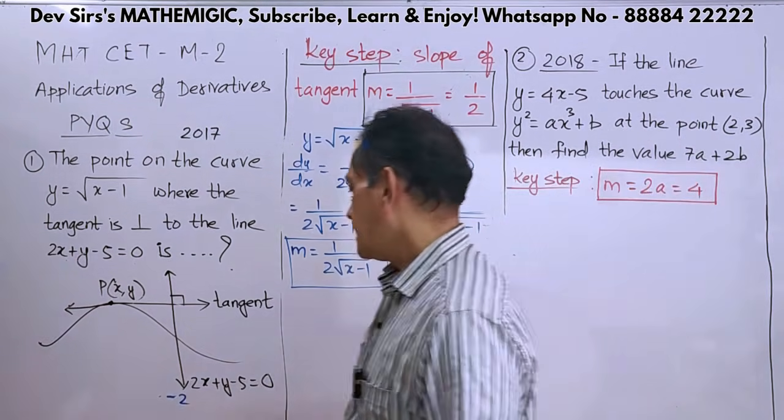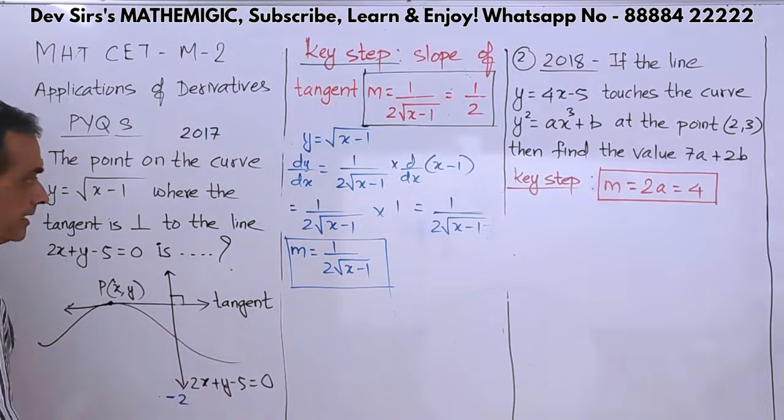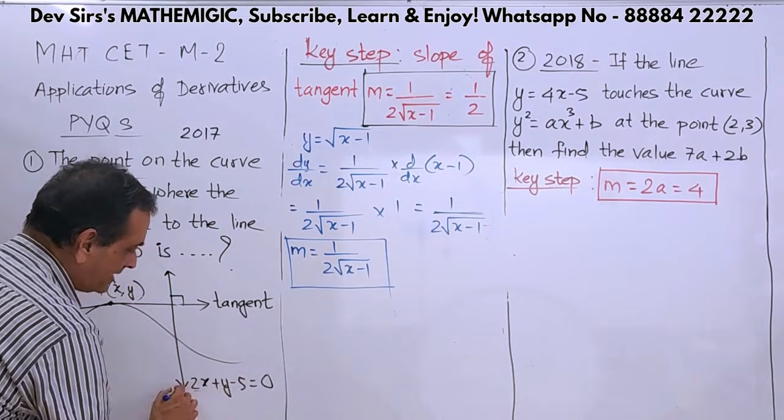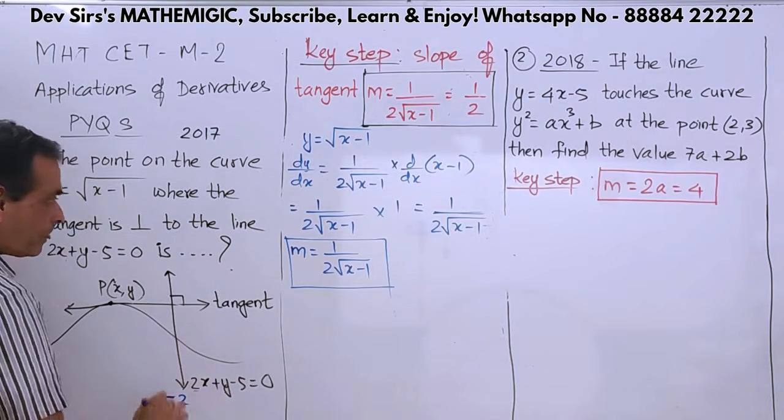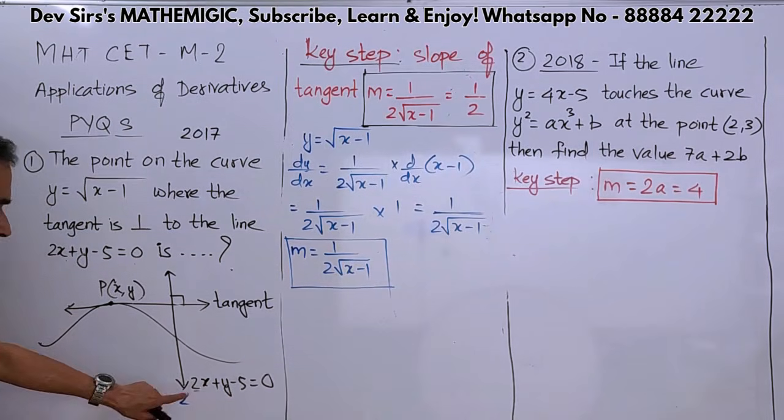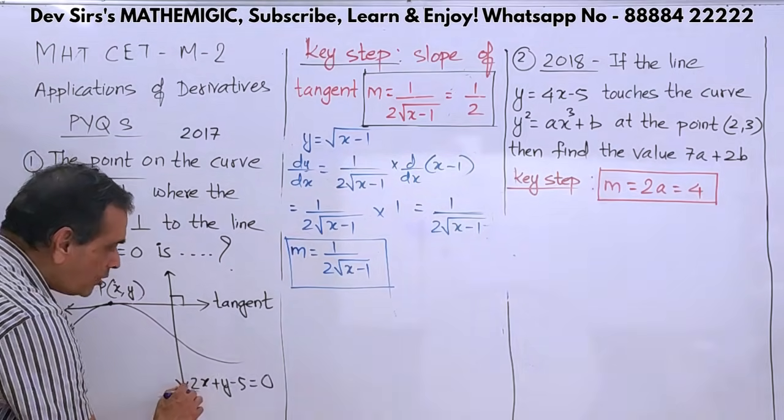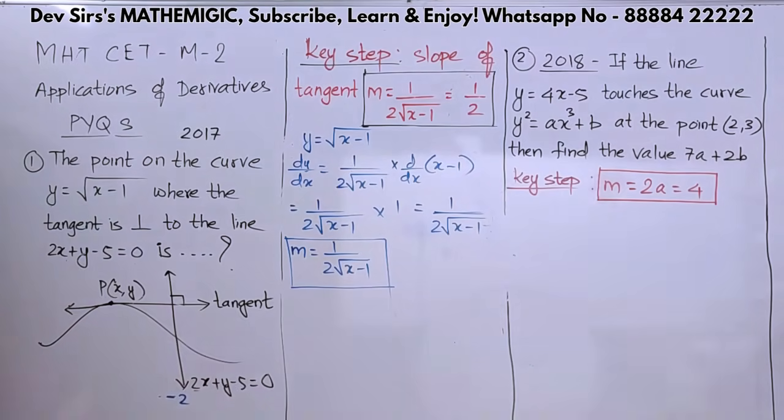Why? Consider the equation of this line, perpendicular line. Okay, so equation of this line is 2x plus y minus 5 equal to 0. Followed? Now slope of this line. How do you find the slope of that line?